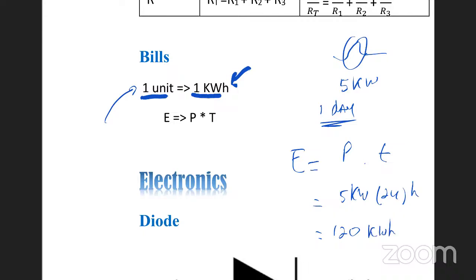And then you have to figure out how much 1 unit will cost, and so on. Sometimes 1 unit costs 25 cents and you have to work out the cost for the number of units, and so on, right?